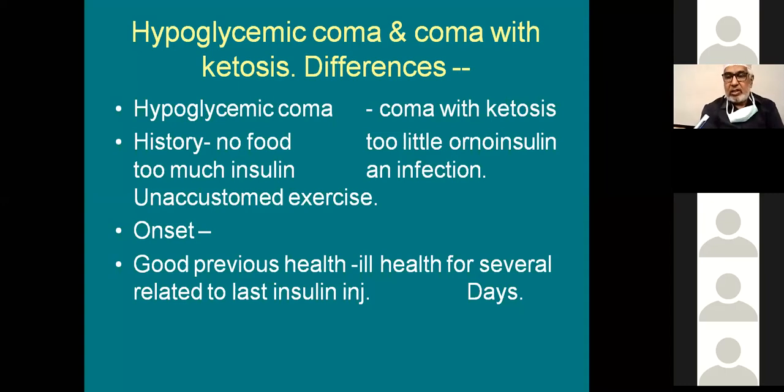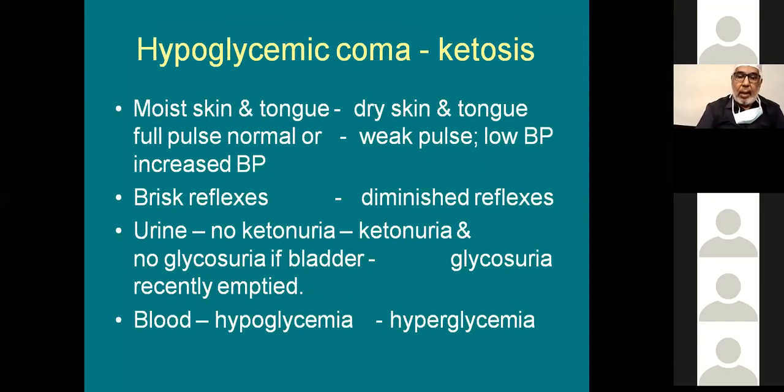Or coma with ketoacidosis: too little or no insulin, and infection and ill health for several days. These are how you can differentiate and distinguish between hypoglycemic coma and diabetic ketoacidosis. In hypoglycemic coma you will find moist skin, while in ketoacidosis dry skin and tongue, breath ketones, ketonuria, and hyperglycemia in the blood; hypoglycemia will be in hypoglycemic coma.